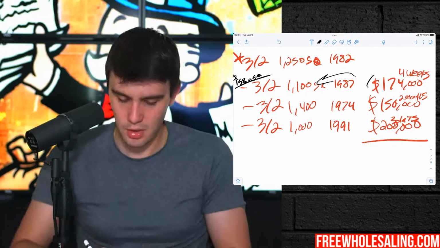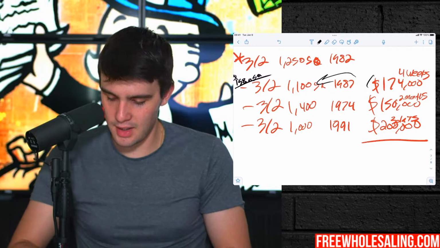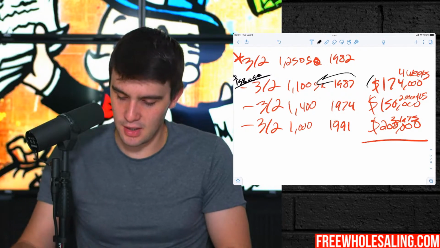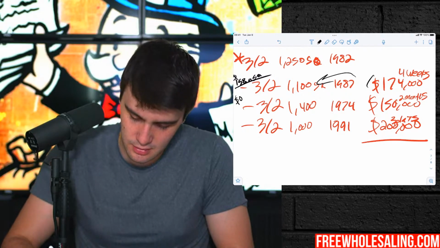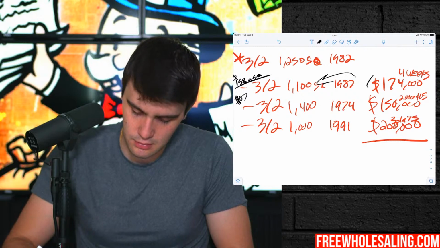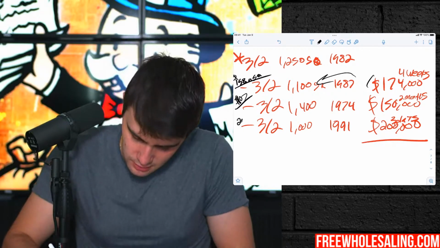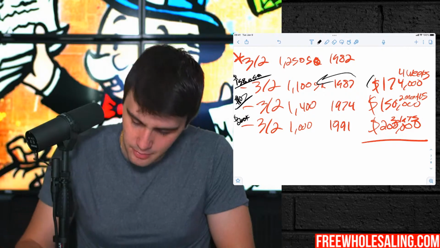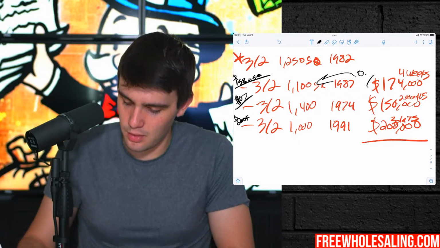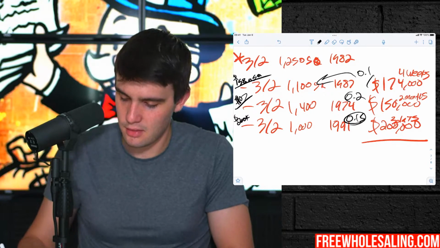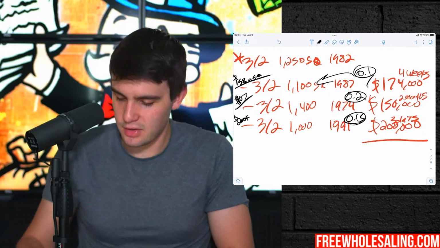Number 2, 150 divided by 1,400 is going to be $107 a square foot. And then the last one is going to be 200 a square foot. Kind of all over the board, but they were pretty close. This is 0.1 miles, 0.2, 0.15. Actually, let's call it the same street.